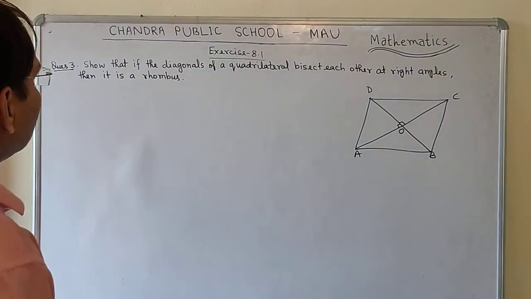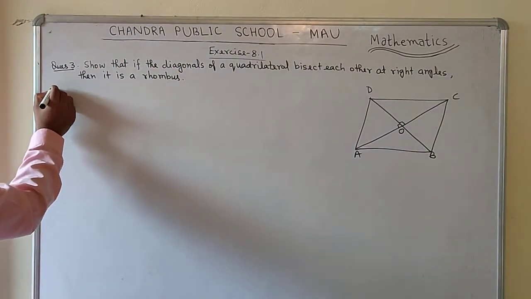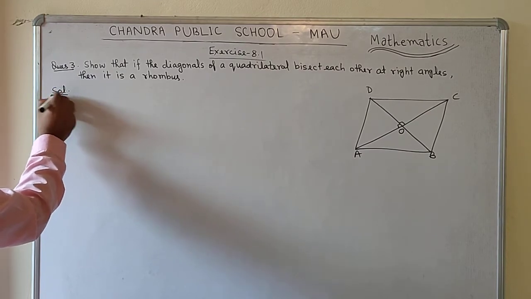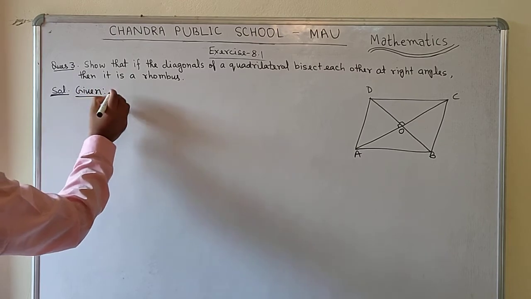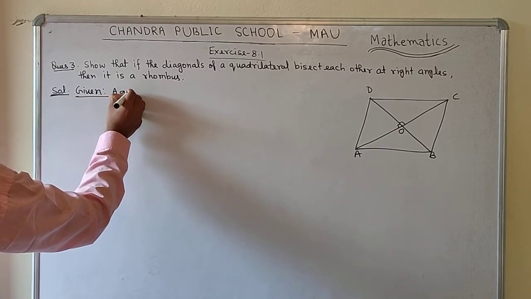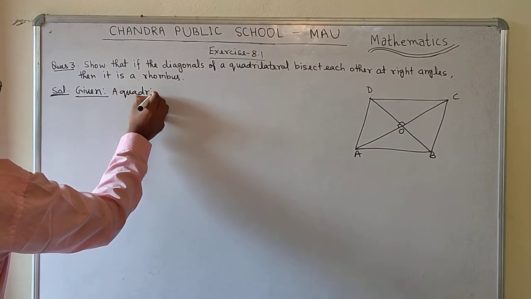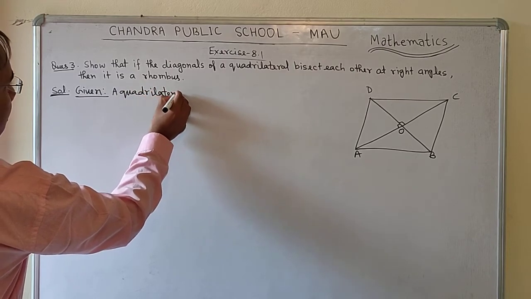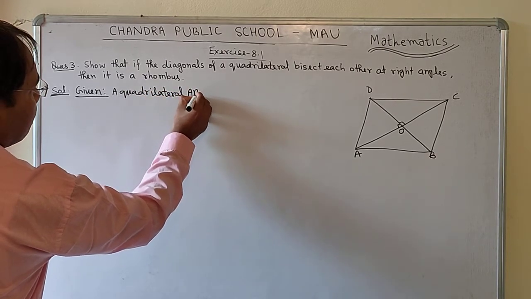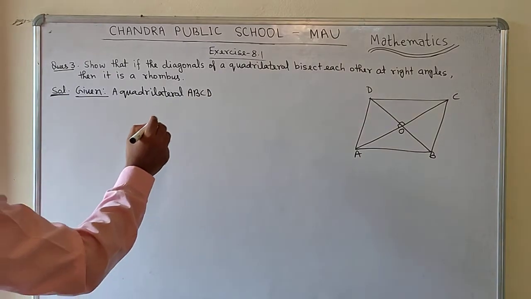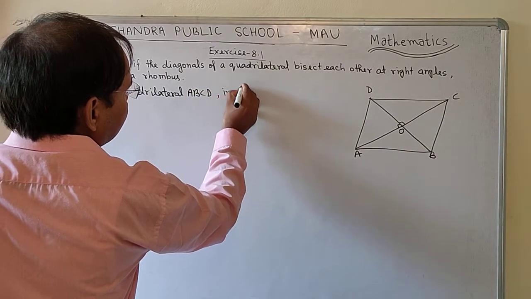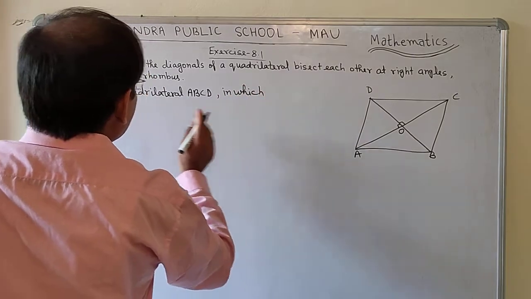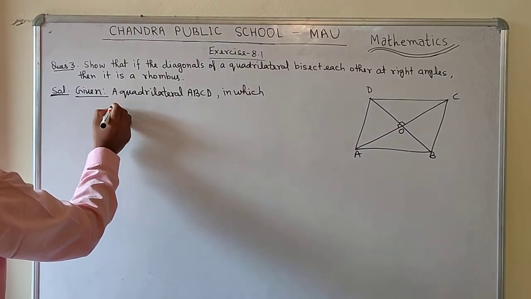So here I am going to give the proof. Now in this question, what the things are given: a quadrilateral ABCD in which it is given that both the diagonals bisect each other.